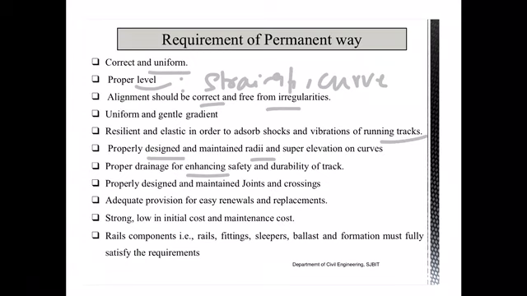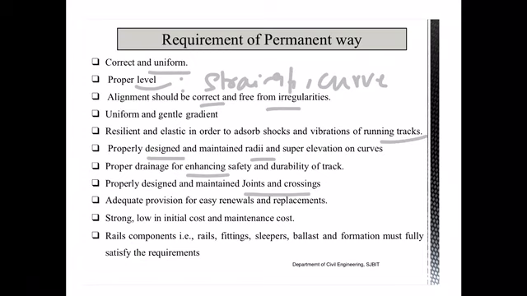That will decide the speed as well as the safety when trains travel on curves. All the joints and crossings also have to be maintained properly, and we will be discussing these joints and crossings in the railway section.